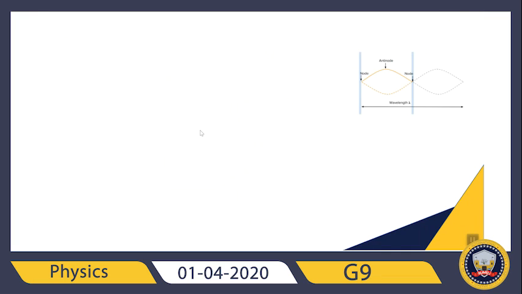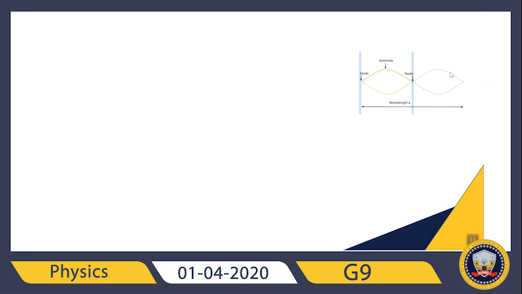Now let's see what happens if we have two waves, like in this figure, of the same amplitude, the same frequency, and the same wavelength, traveling in opposite directions and interfering together.